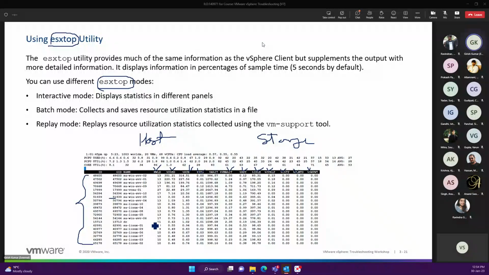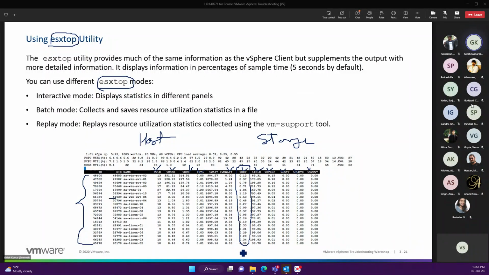The most important column here is, what is that? CPU ready time, %RDY. When we start monitoring this one, it must be less than or equal to 10. Here you can see almost 0.01.